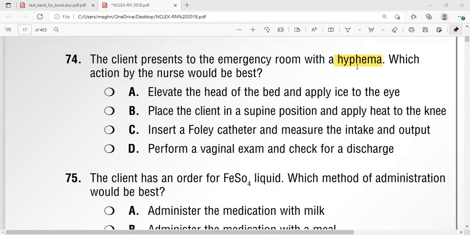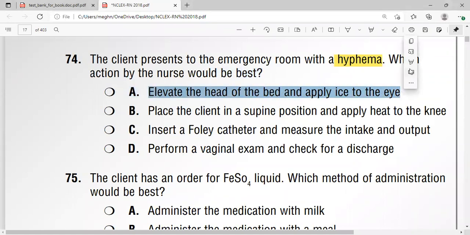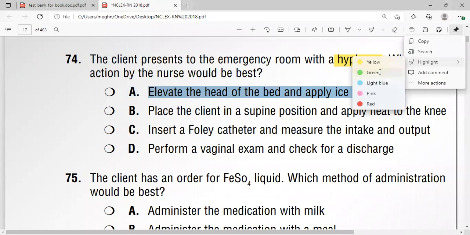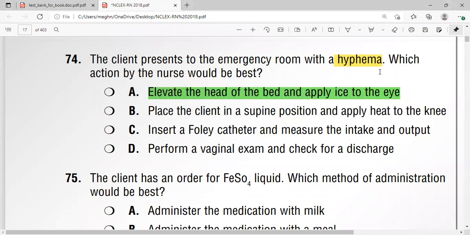Right? So first of all, let me tell you the correct answer. The correct answer is elevate the head of the bed and apply ice to the eye. As I told you, hyphema is blood in the anterior chamber of the eye.